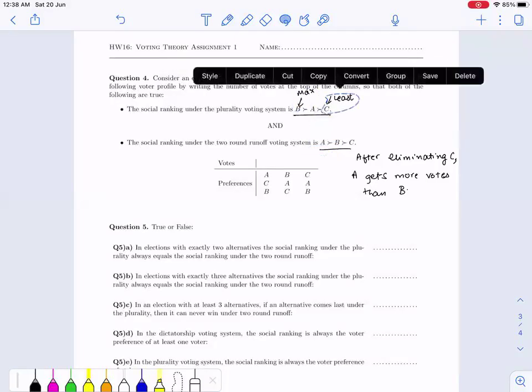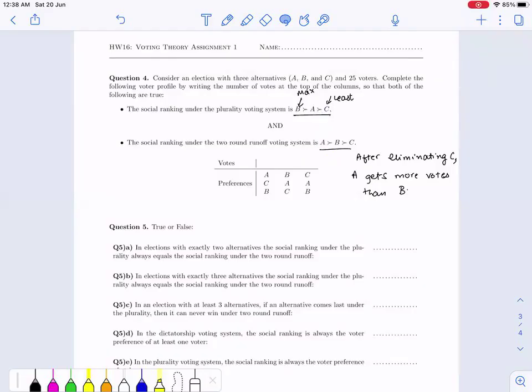C needs to get the least number of votes in a way that once you eliminate C and the votes are transferred to A, then A gets more votes than B. So maybe let's give B 10 votes. Let's give C 2 votes. And let's give A 9 votes.